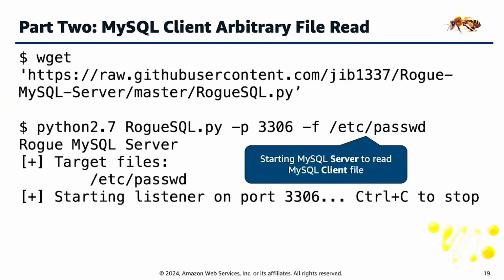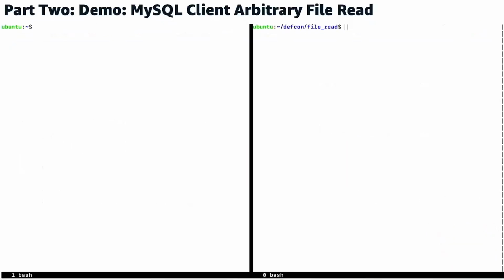To use that is super simple. You can just download this Python program and run it on your port, and that will act as a server. Now you specify which file you want to read from the client. That's it. Now the client connects, and if the client is unfixed, then the server will be able to read a file from the client. Here's a quick demo of how it works.